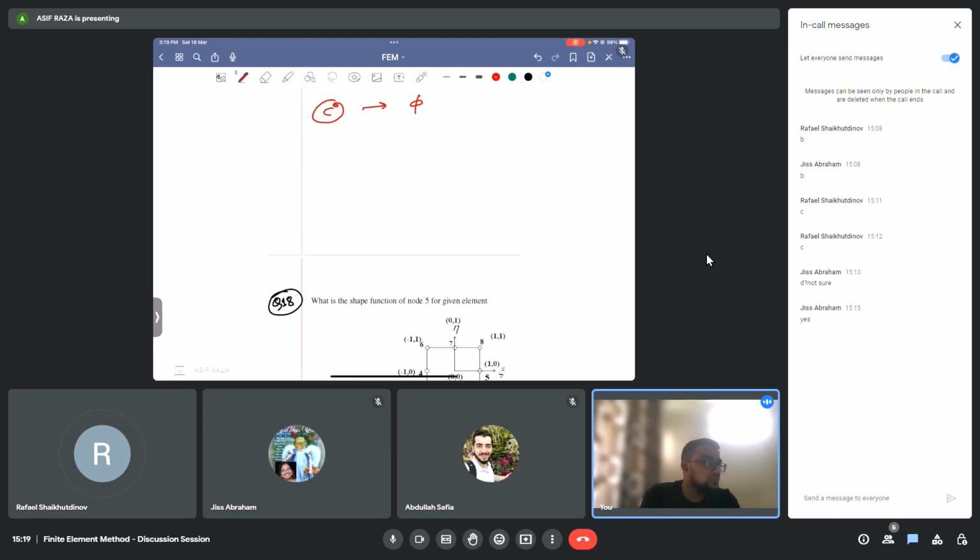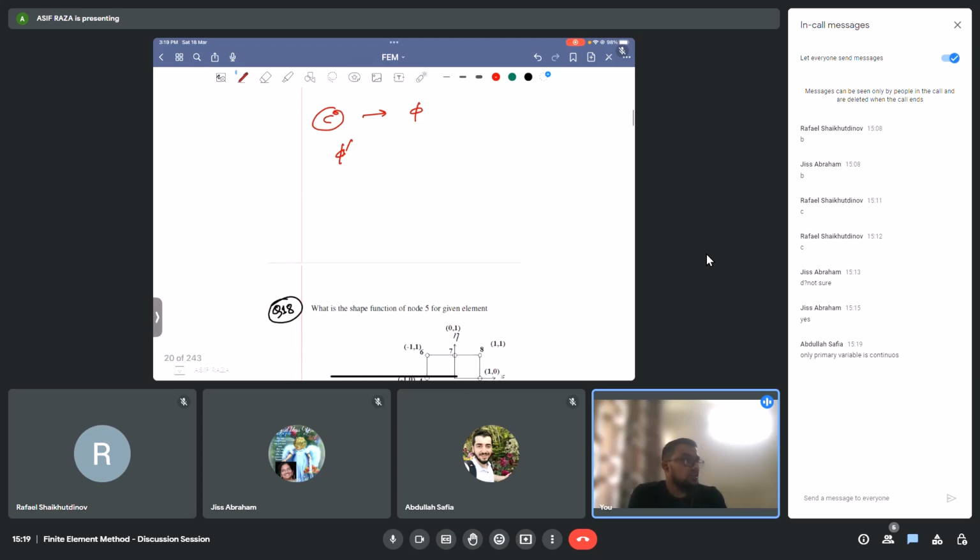C0 continuity means that it is continuous, but the derivatives are discontinuous. So C0 implies that phi is continuous, but phi prime won't be continuous as it is not C1. So the correct statement is that phi is inter-element continuous while phi prime and phi double prime will not be.